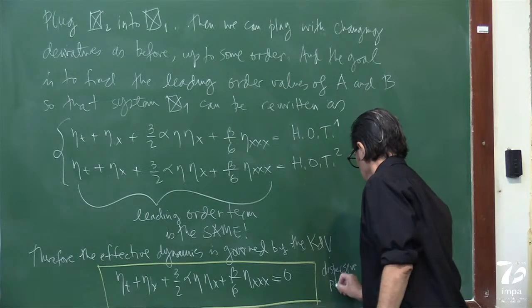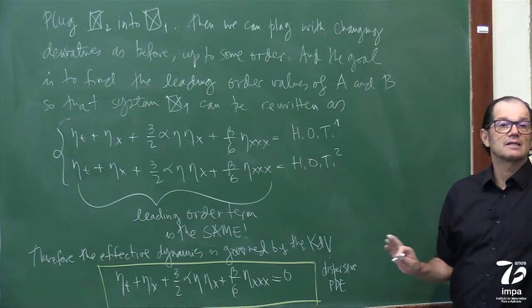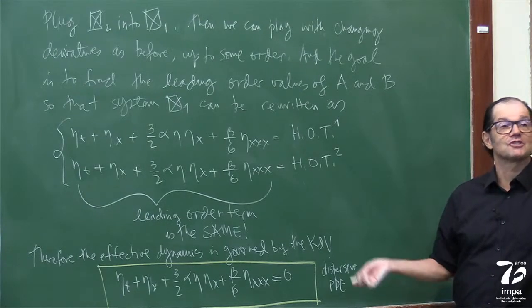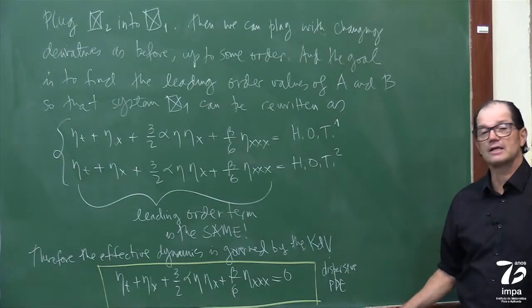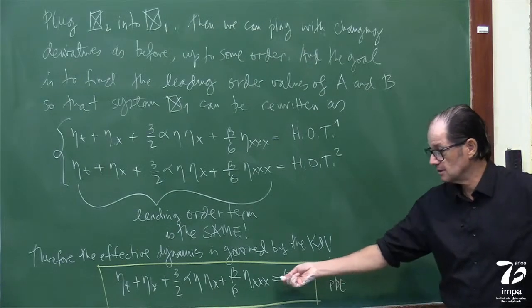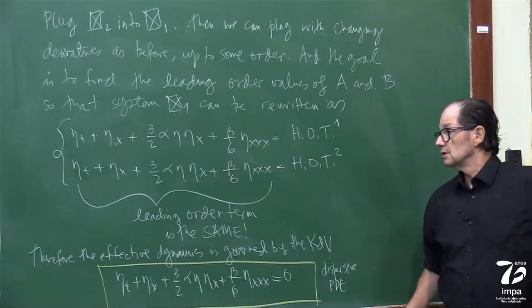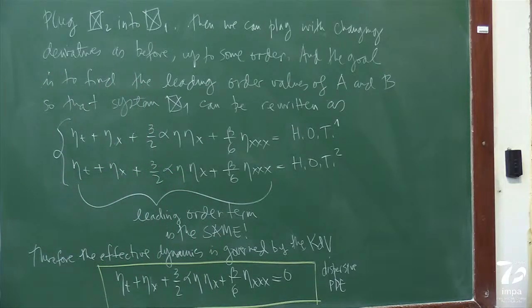The dispersive PDE is not in the category of those second-order equations we mentioned, elliptic, parabolic, or hyperbolic. It's another class, dispersive, which particularly has high-order derivatives. Okay? So, good. So we arrived at the famous KdV.